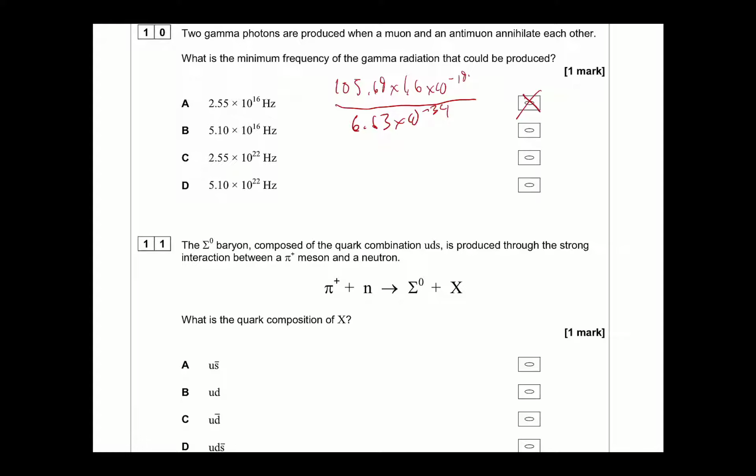So epsilon naught is a baryon, made of the quarks up, down, strange. Okay, so a pion.